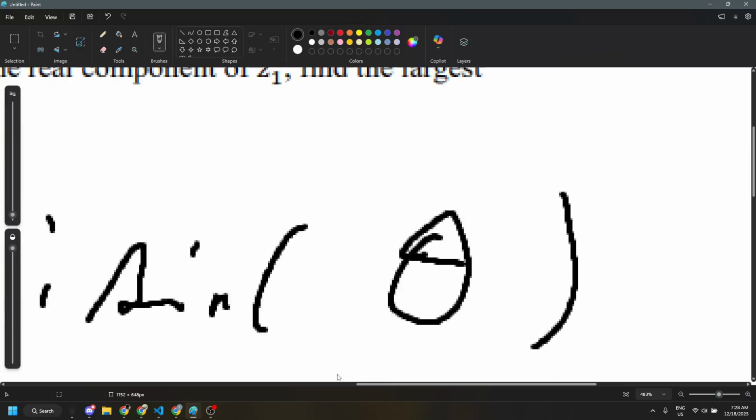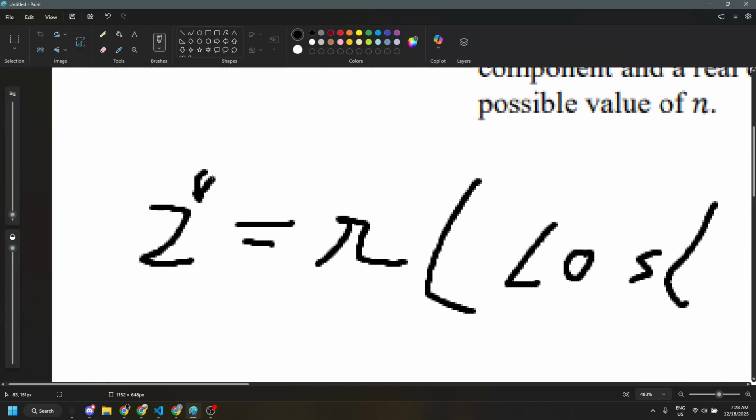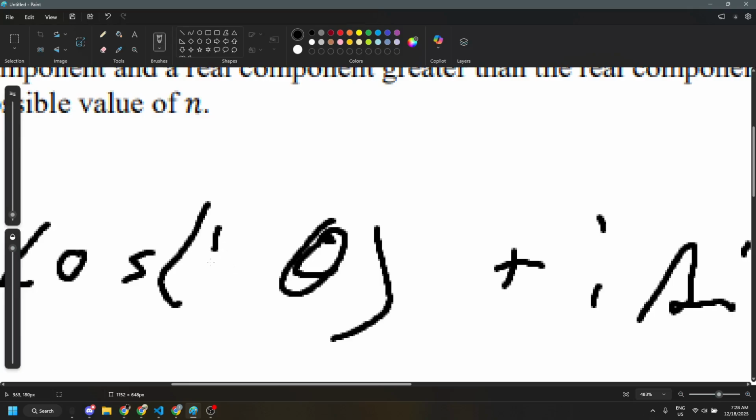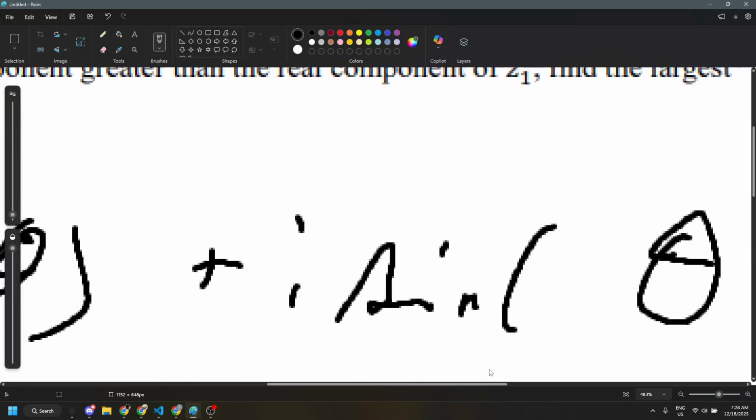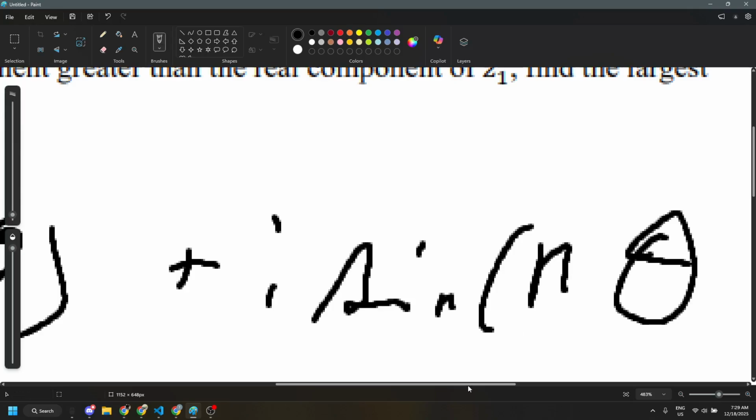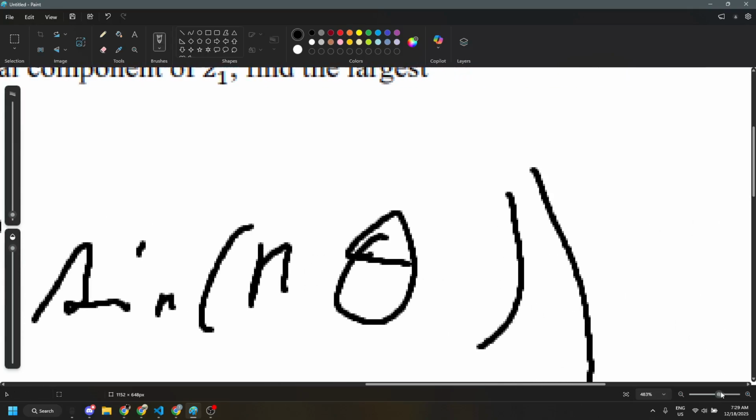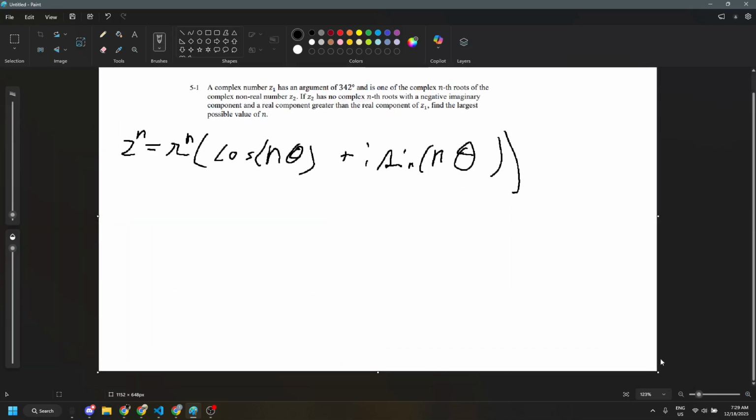So if we take a complex number to the n, that's equal to r to the n, cosine n theta plus i sine n theta. So this is De Moivre's theorem.